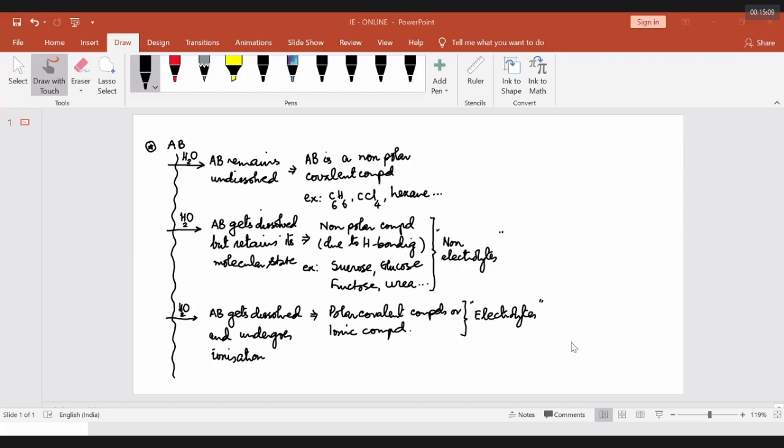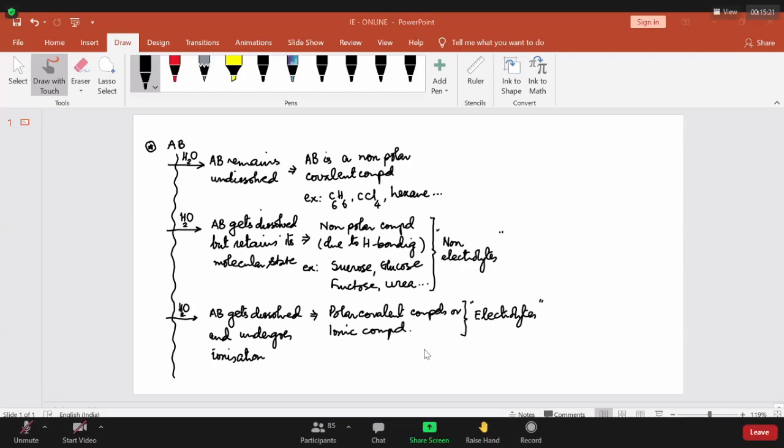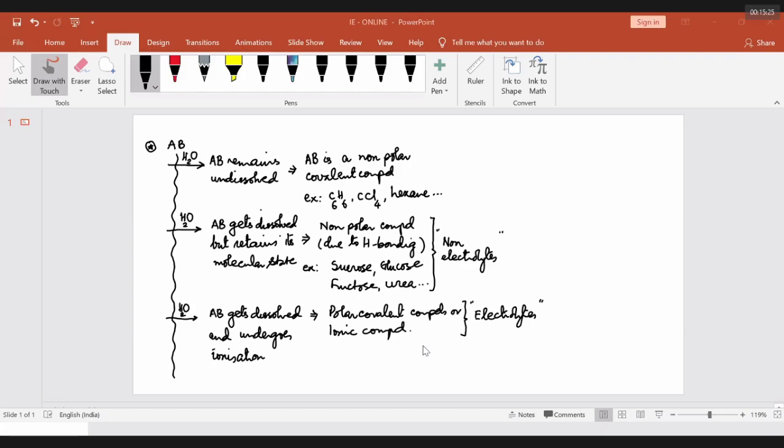Molten sodium chloride, very good conductor of electricity. Such type of substances are called electrolytes. But for me today, my definition goes like this: electrolytes are those compounds which are polar in nature or ionic in nature, and they undergo dissolution as well as ionization. Both the processes take place. Such type of substances are called electrolytes.